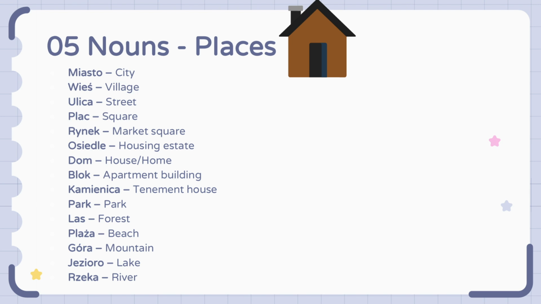Another list: places. Miasto, city, wieś, village, ulica, street, plac, square, rynek, market square, osiedle, housing estate, dom, house or home, block is apartment building, kamienica is tenement house, and it is quite a popular word in Poland, quite a popular type of living estate.